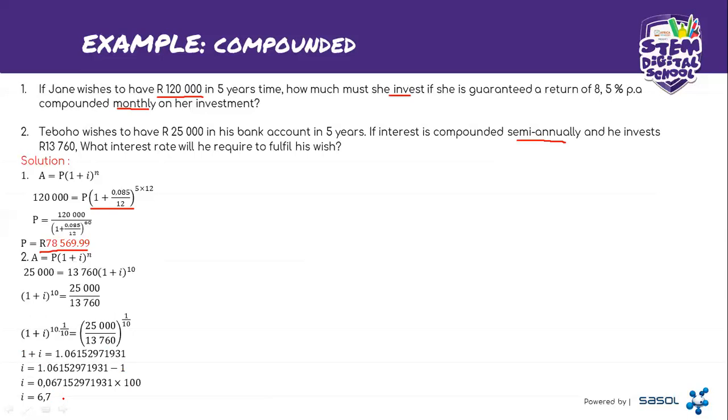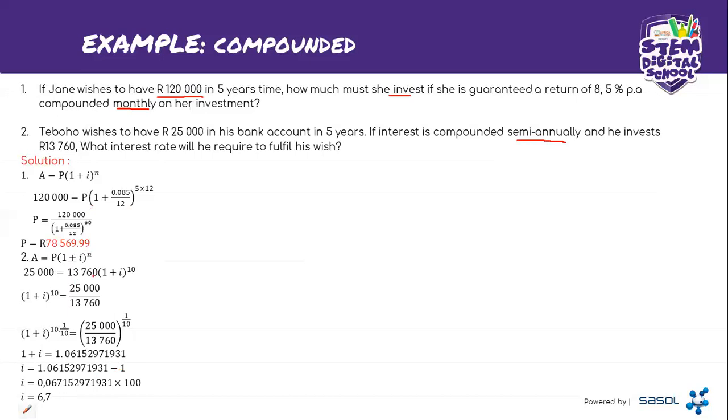Right? 6.7%. Let me check if everything is correct. All right, let me just remove this one, and then let me verify and make sure that everything is correct. My learners, it's very important.